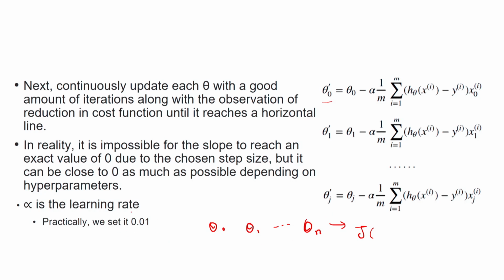We have already seen that alpha is the learning rate. Generally we set the learning rate as 0.01. If we want our gradient descent algorithm to learn slowly, we will make the value of alpha very low, or if we want the gradient descent algorithm to be fast, then we will take a large value for alpha.